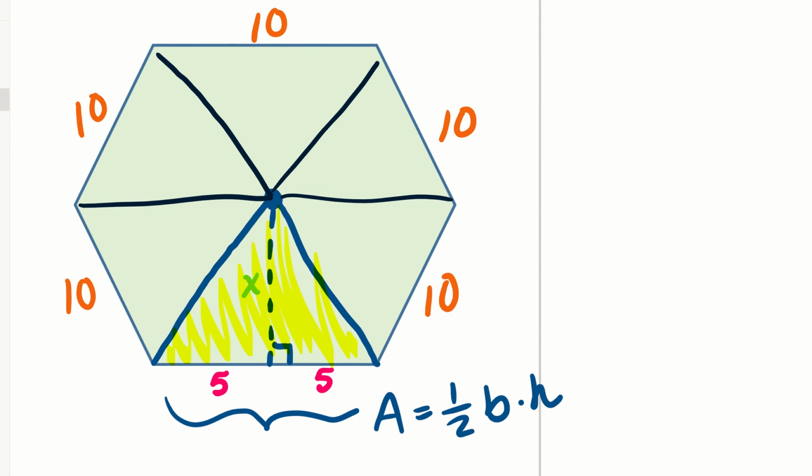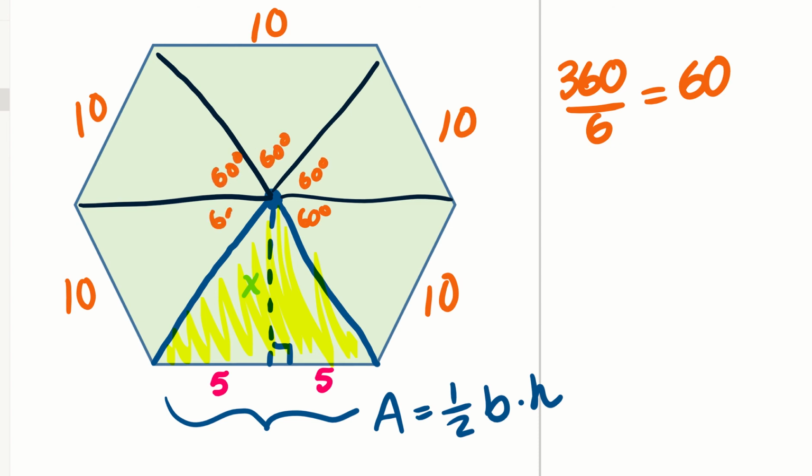All right, so the central angle of my polygon is going to be 360 degrees divided by my number of sides, so divided by 6. That means my central angle is going to be 60 degrees. So each one of these is going to be 60 degrees.